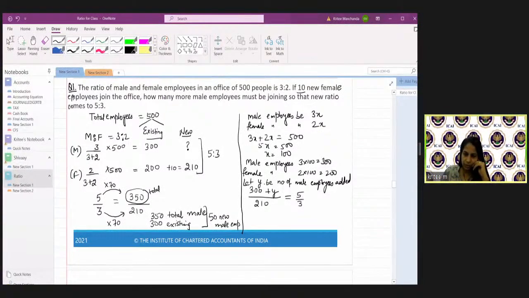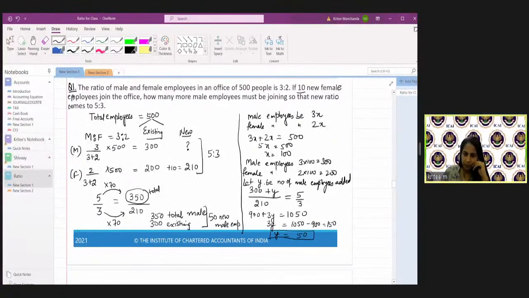So it is 3 into 300, 900 plus 3Y, same as 1050. So 3Y is equal to 1050 minus 900, that is 150, and Y hence is equal to 50.